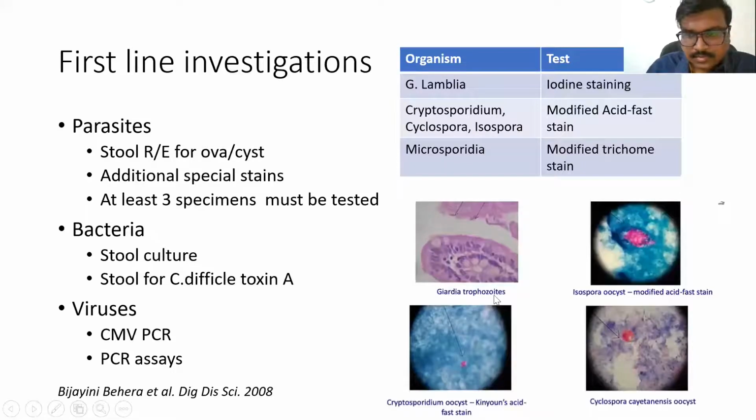So these are the various parasites identified by special stains, and stool culture has to be done to look for Salmonella, Shigella, and stool for C. difficile toxin has to be sent, and blood CMV PCR. Along with that, other PCR assays for other viruses like norovirus, etc., can also be sent.